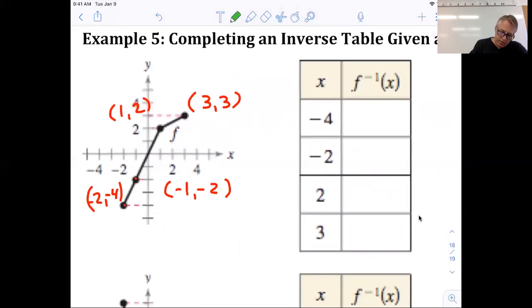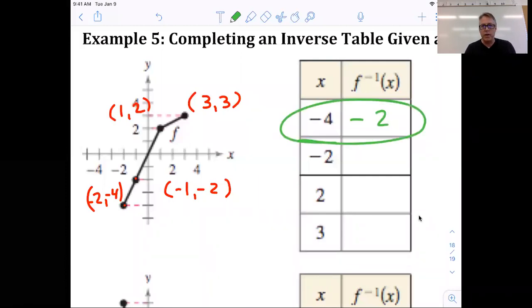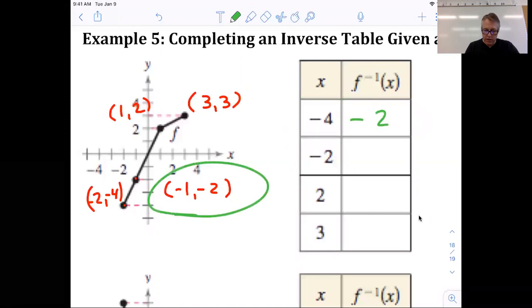So that means for this point here, for an input of -2, the output is -4. What that means on its inverse is for an input of -4, the output is -2. Just like looking at this point, for an input of -1, its output is -2 on the function.